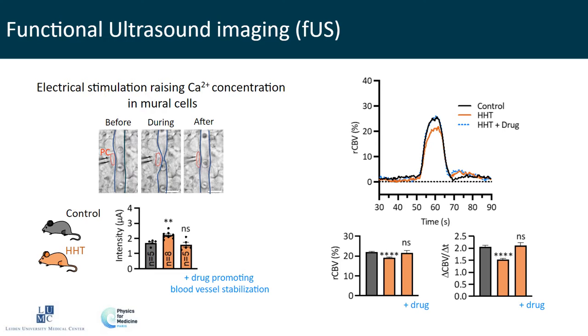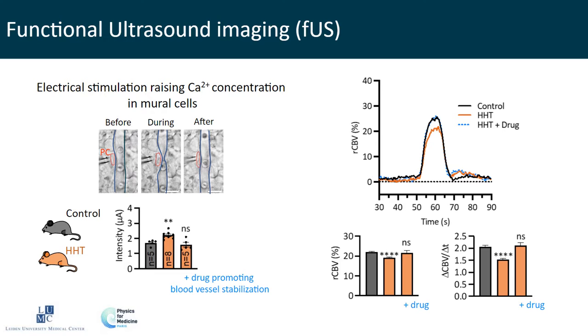We tested the effect of that drug on pericytes using the electrophysiological system, electrical stimulation of pericytes in control mice, HHT mice, and HHT mice treated with our drug. What we found is that the drug was able to rescue the pericyte defect in the animal, as the current intensity used to stimulate vessel constriction was similar to controls.